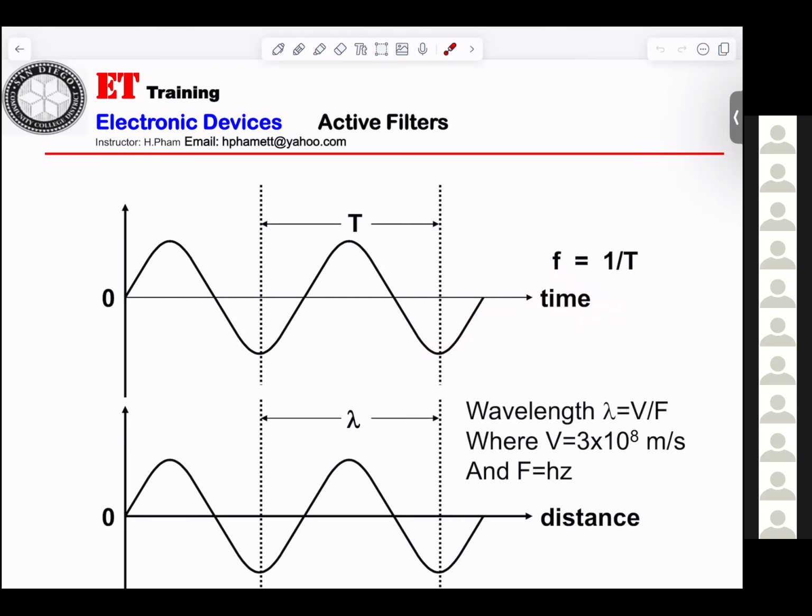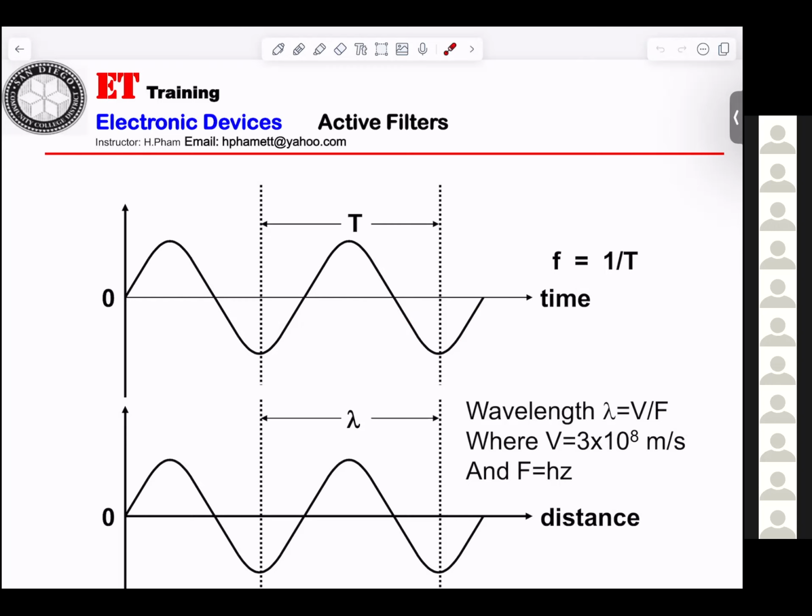And you know that one is a sine wave, right? The sine wave, if you're looking on the oscilloscope is the time domain. Okay?